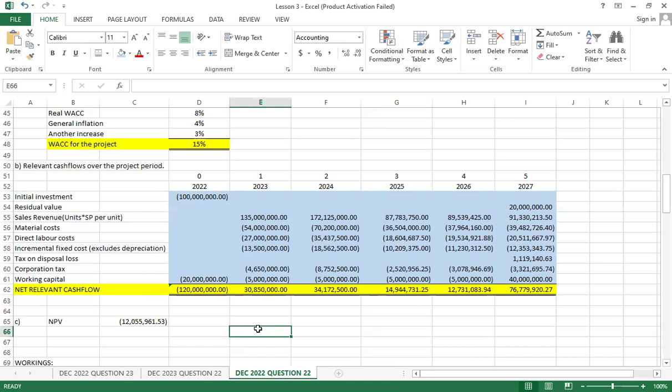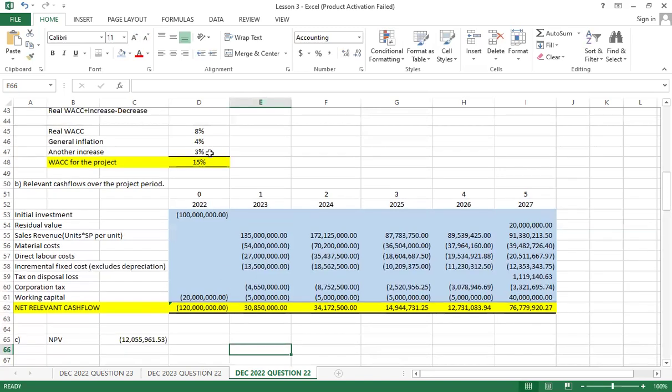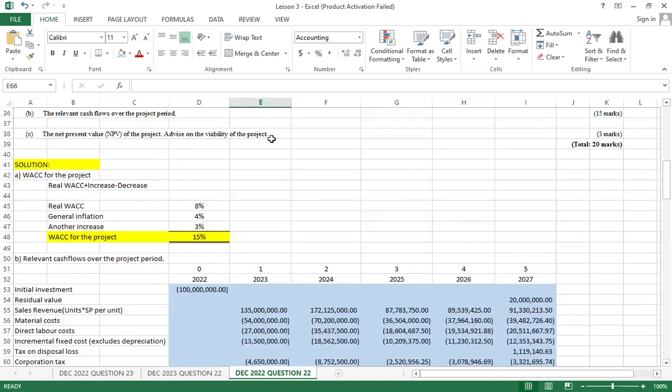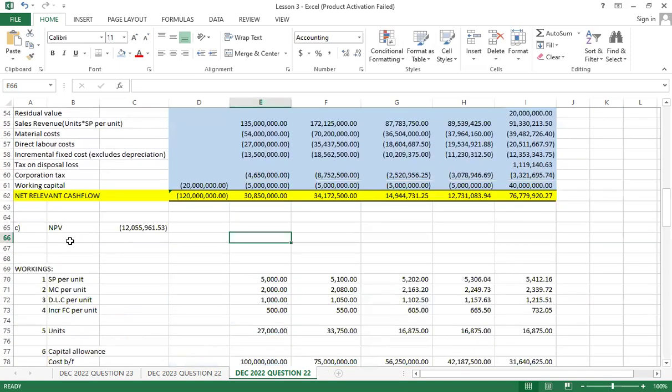But still as part of part C, we were told to also advise on the project viability. If our NPV is this negative, what is the advice on the project viability? Is the project viable or not?